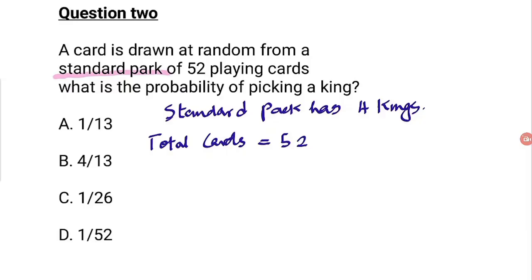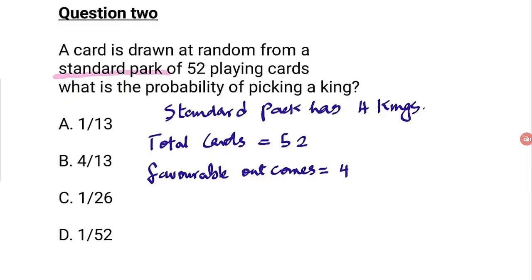So now the question asks us, what is the probability of picking a king? So you know that our favorable outcomes is going to be 4, because we have 4 kings in a standard pack of cards.